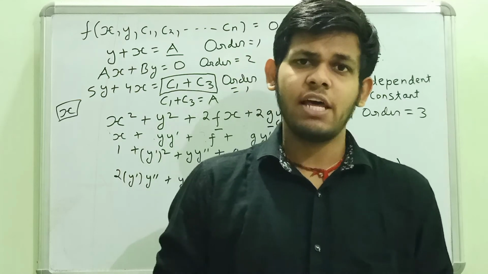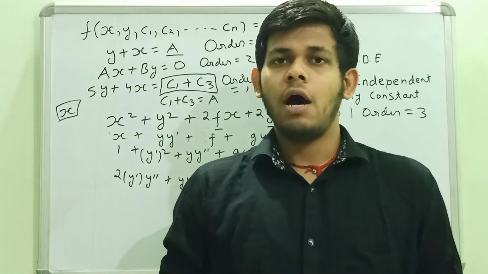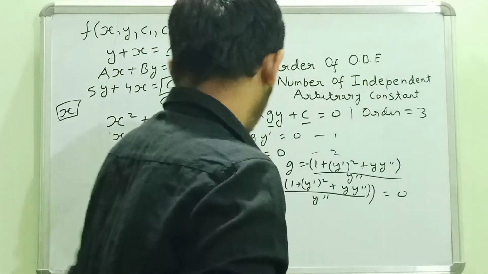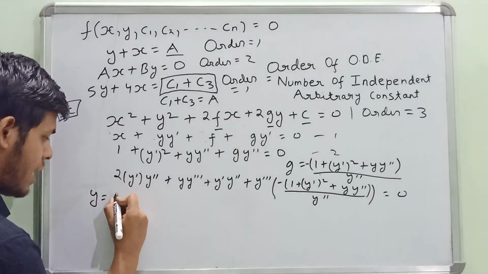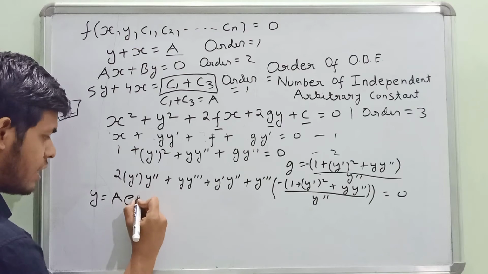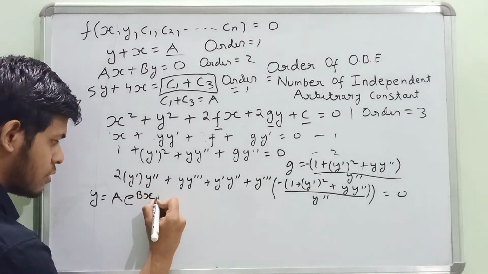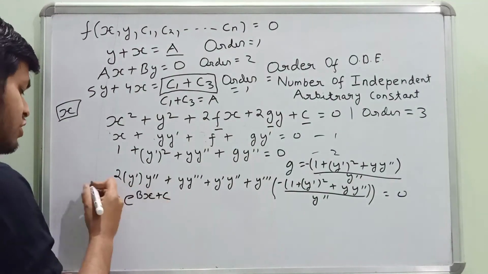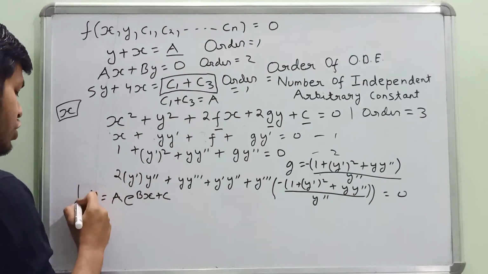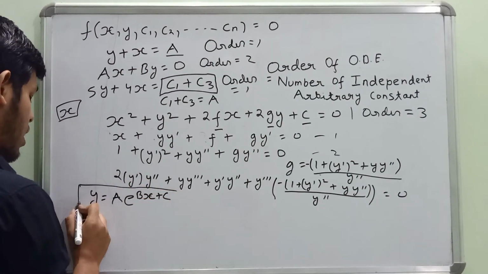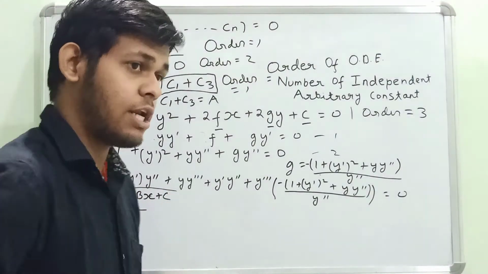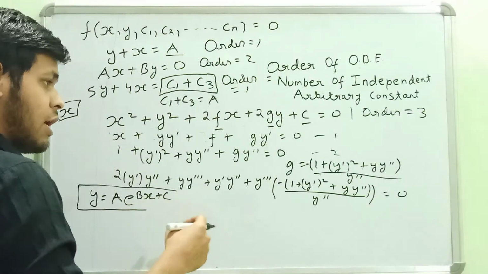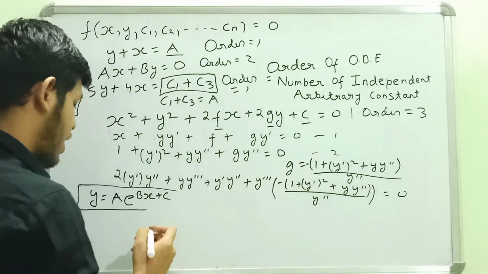So let's take another example where we have to form an ordinary differential equation. Let's take y is equal to a e to the power bx plus c. In this case we have to determine the ordinary differential equation of this relation. First of all, we have to determine the order, so we have to determine the number of independent arbitrary constants.